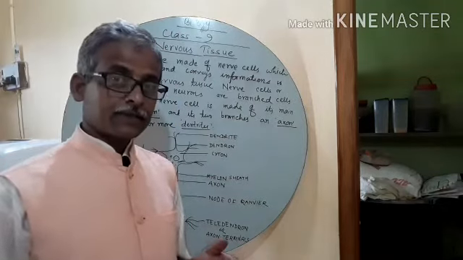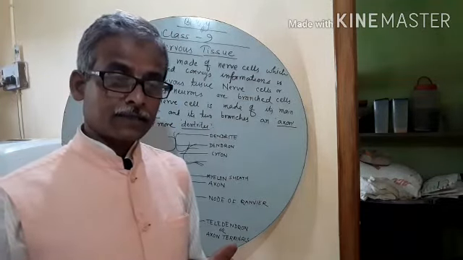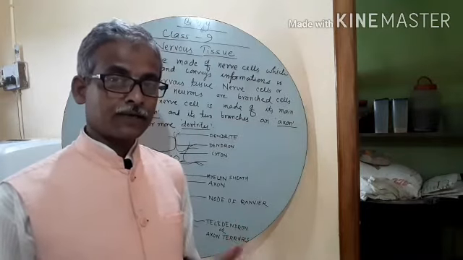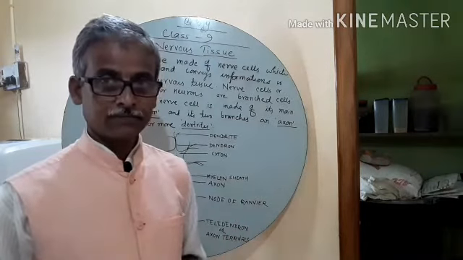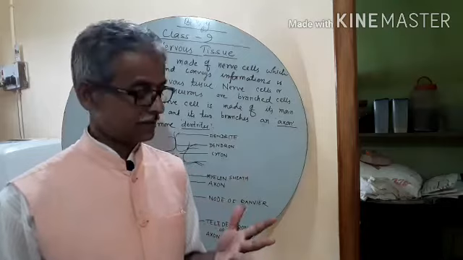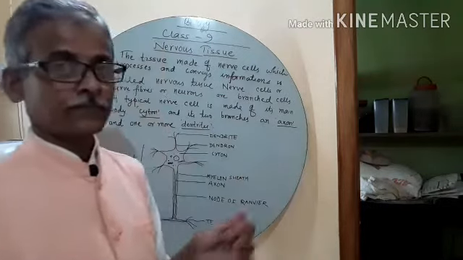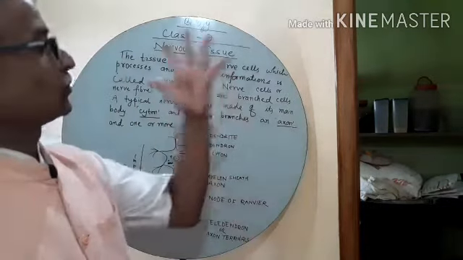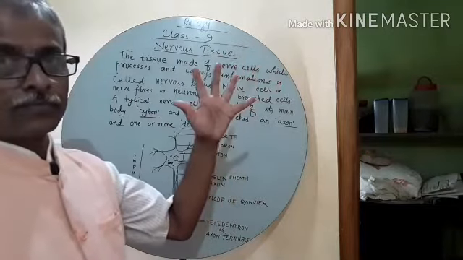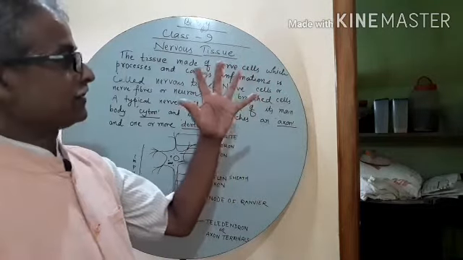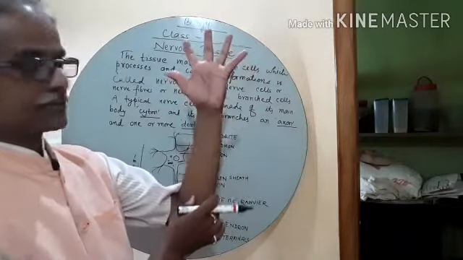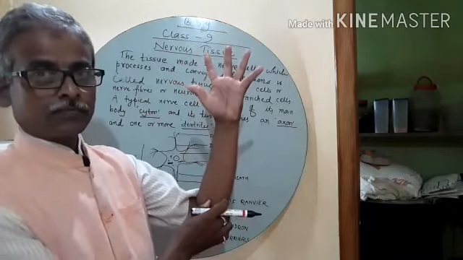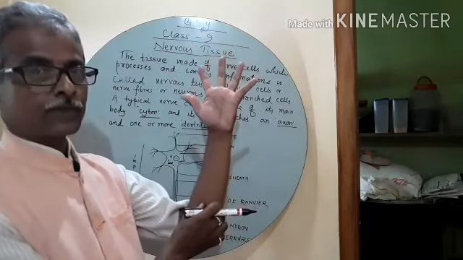These nerve cells are branched cells. If a typical cell is to be thought of, look at this palm, these fingers and this forearm.